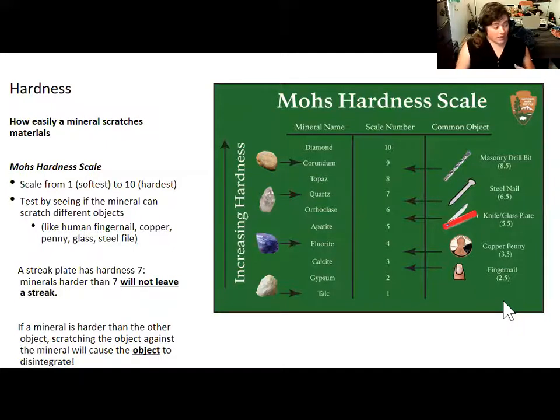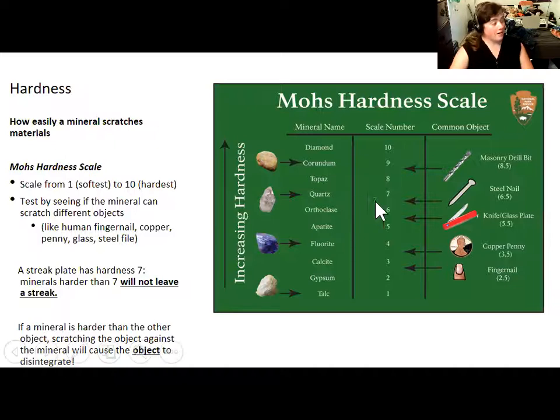Outside of your fingernail, it uses copper pennies, either a knife or a glass plate, because those have about the same hardness, and steel nails as reference. This particular version also lists a masonry drill bit at 8.5. I haven't seen all versions do that, but it is thrown in there to help test out some of the really hard minerals, because as I mentioned before, there are going to be some minerals that are harder than the streak plate.